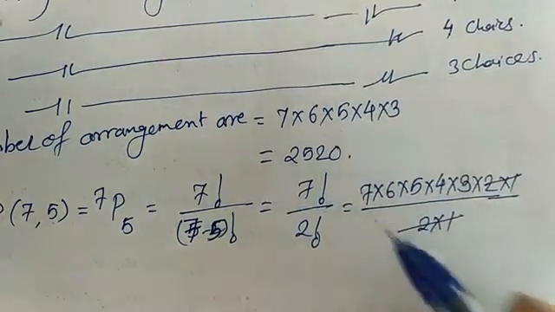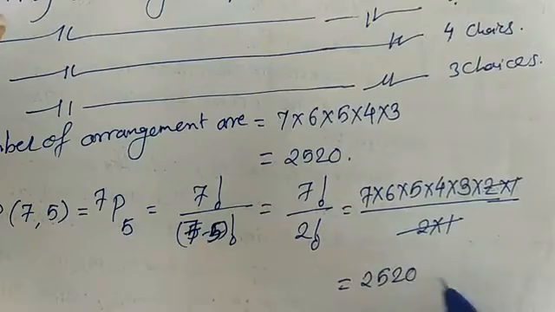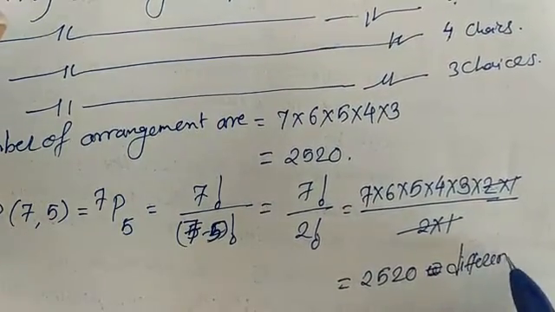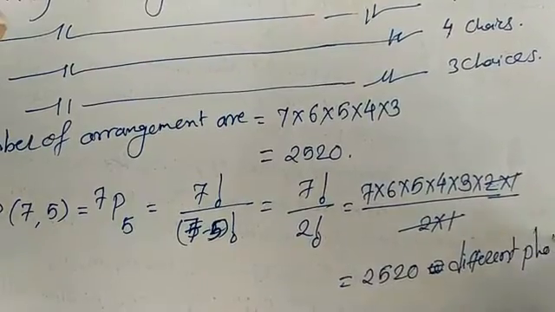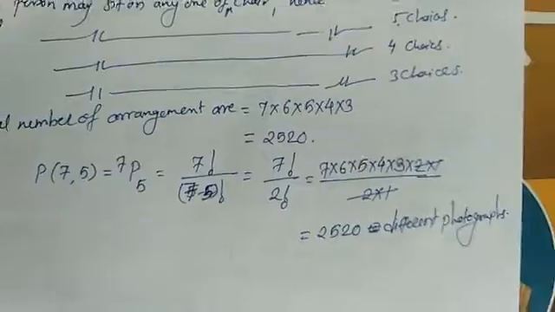The 2 gets cancelled, and the multiplication gives 2520 different photographs, which is our required solution.